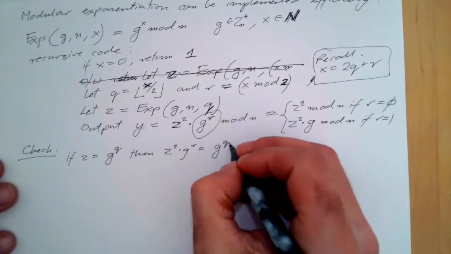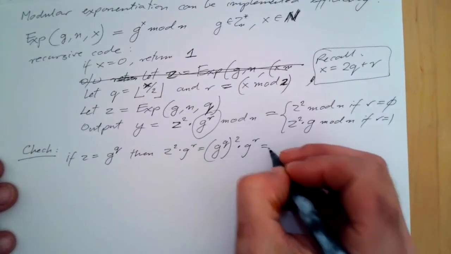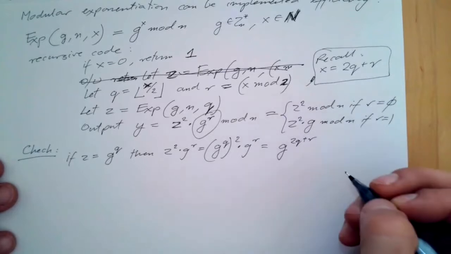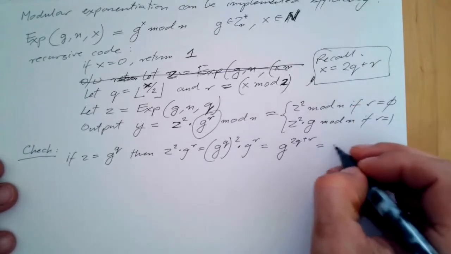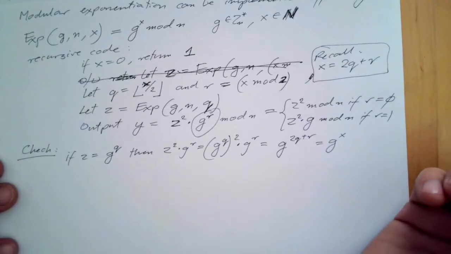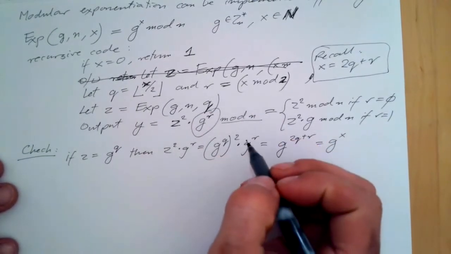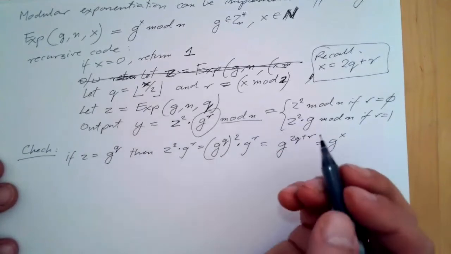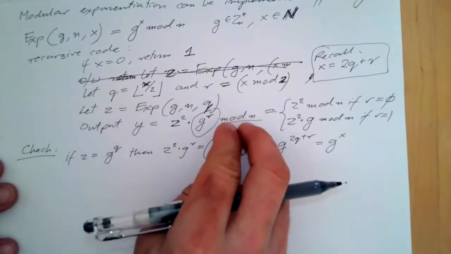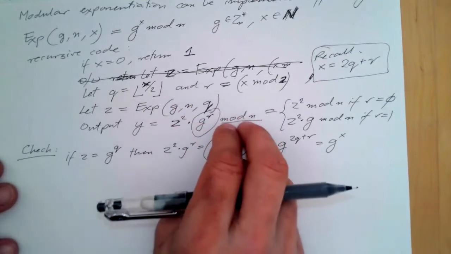It's G to the Q twice, times G to the R. So this is G to the 2Q plus R, so this is G to the X. And the fact that it's a modular multiplication doesn't matter, because modular multiplication is just performing all the multiplications over integers and then taking a modular reduction.